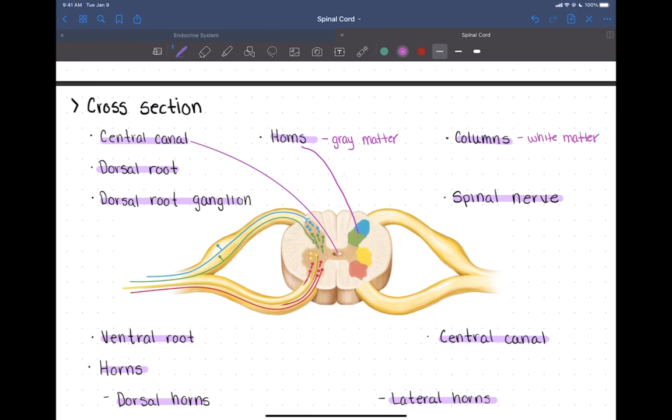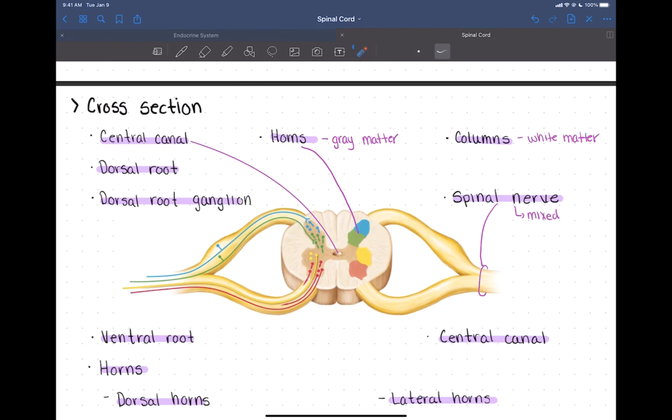Let's start with sensory information. When we're looking at the spinal cord here, this would be our spinal nerve, and remember, spinal nerves are mixed. So they contain both sensory and motor information. We would have sensory information coming in from the outside.